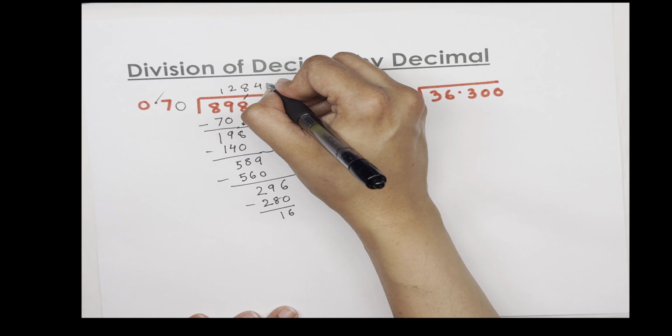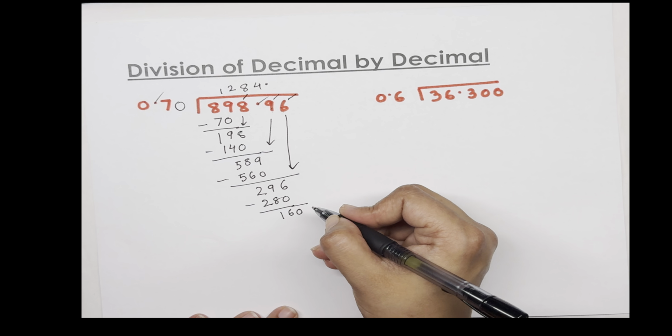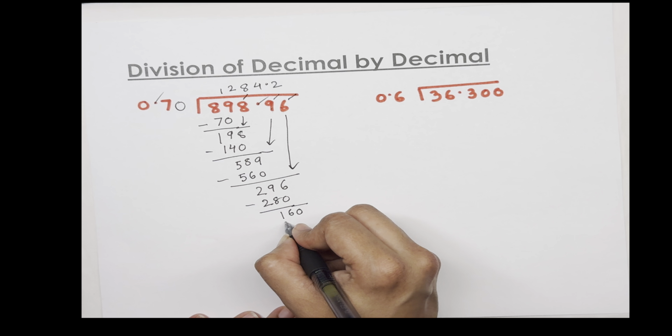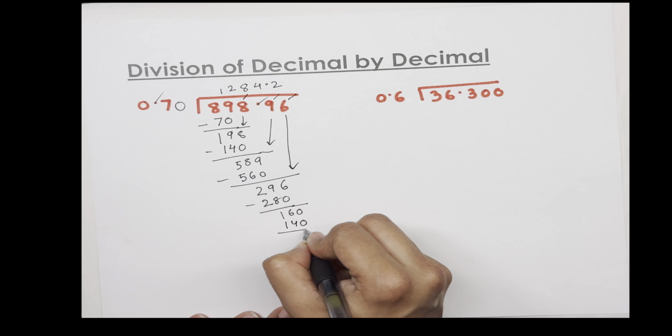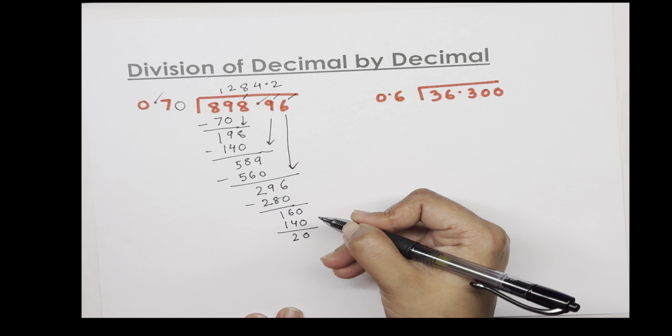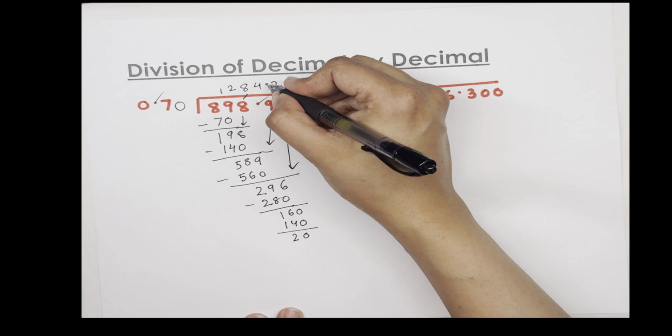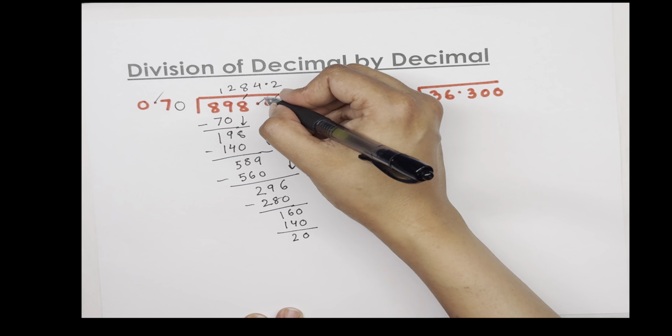I'm putting a decimal so that I can borrow a 0 here. 7 times 2 is 14, that is 140.